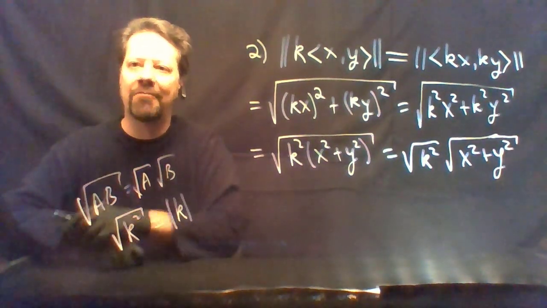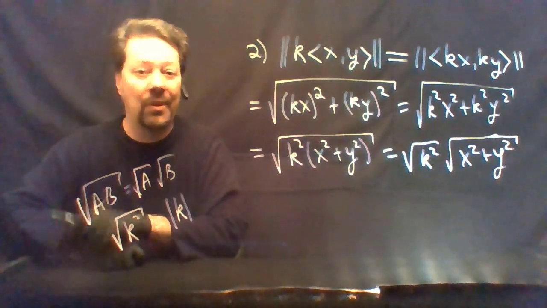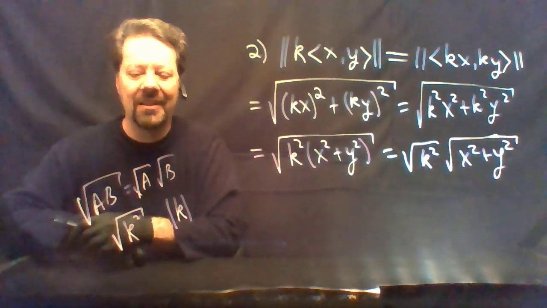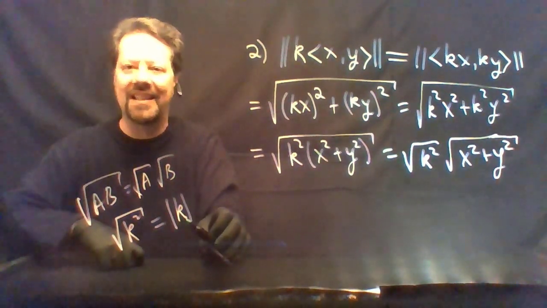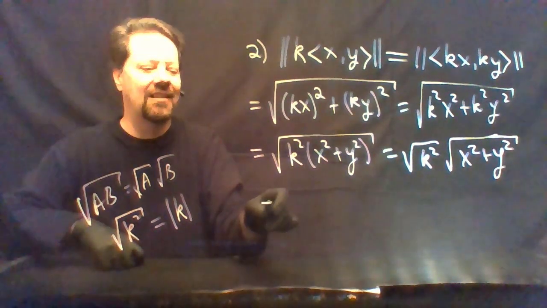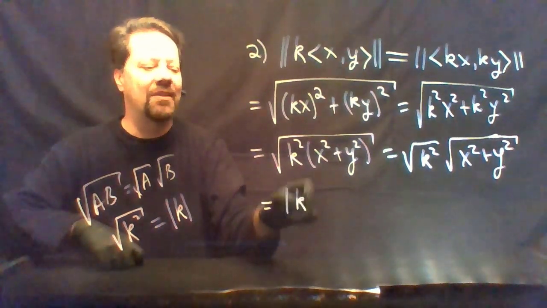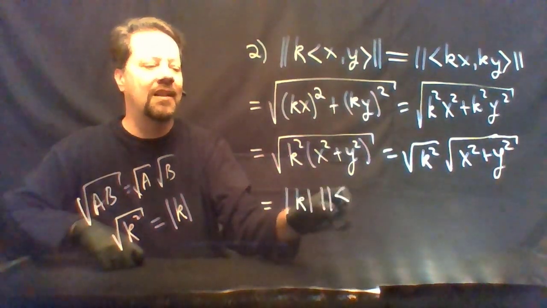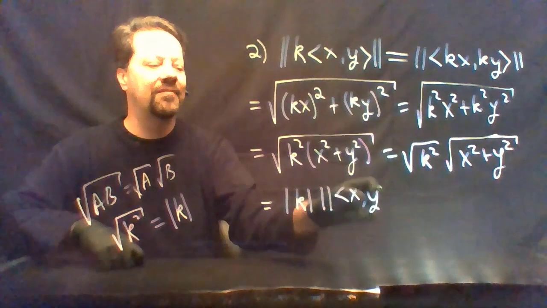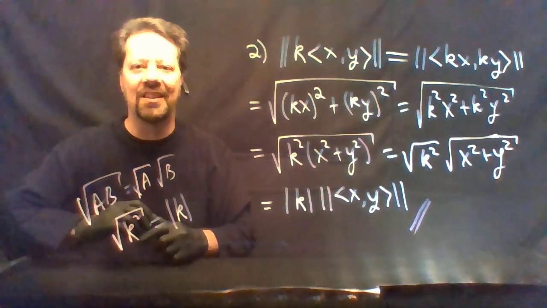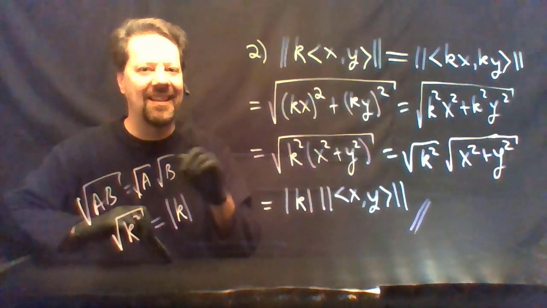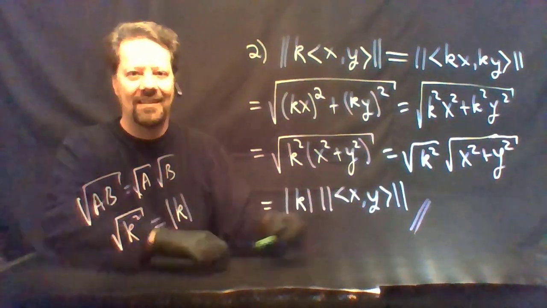The principal square root of positive 4 is positive 2, not negative 2. You never get negatives out of the principal square root. You have to get the absolute value. And so what we have here is the absolute value of k times the norm of the vector xy. Scalars pull out of norms in absolute value.